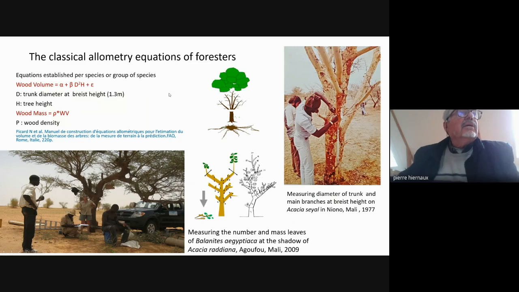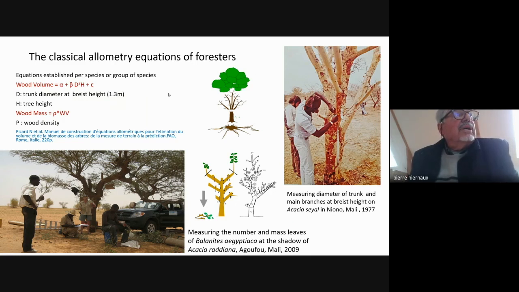Okay. So the classical allometry equations by foresters are established per species or group of species. And the challenge was to have equations that were valid for all species found in this area. Classically, the equation is established for wood volume, expressed as a linear function of the square of the diameter measured at breast height, as indicated by this guy on the right-hand side, and the height of the tree.